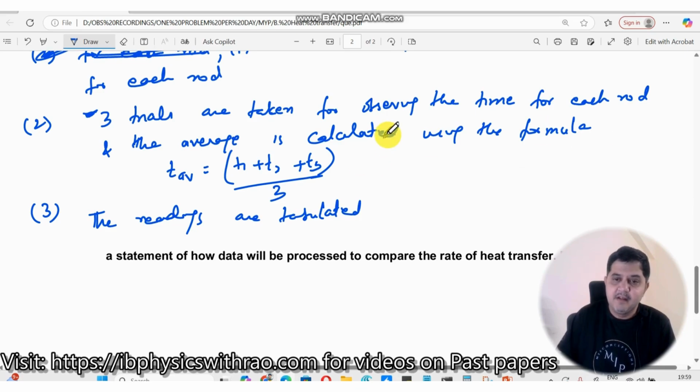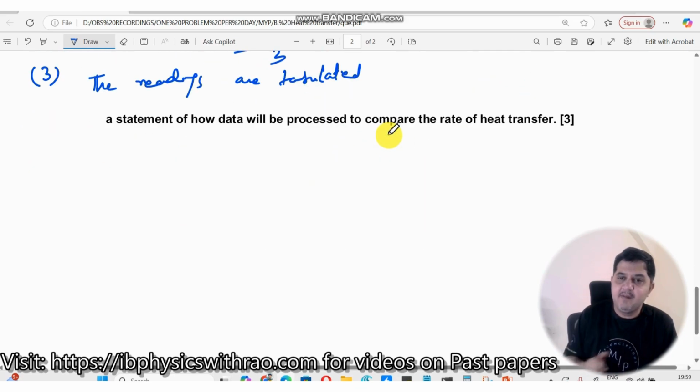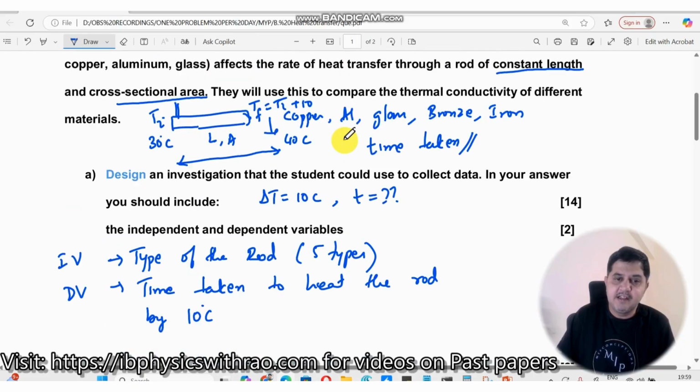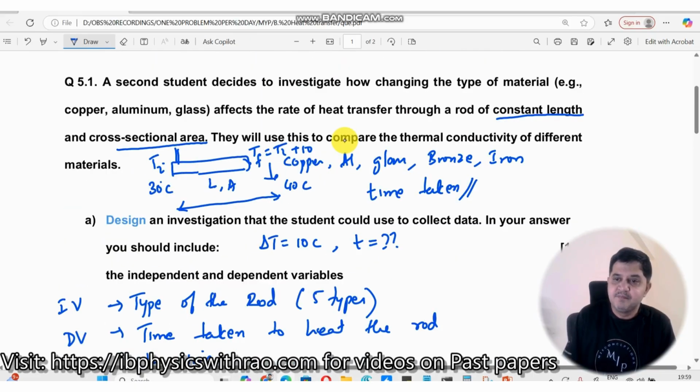Okay. Next, the statement of how data will be processed to compare the rate of expansion. Now, how do you process data? Let us look back at the question over here. The question tells you they will use this to compare.